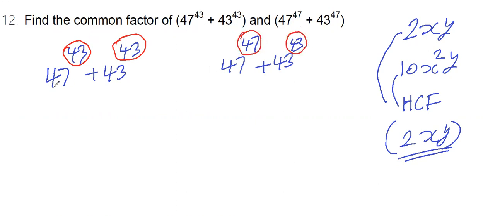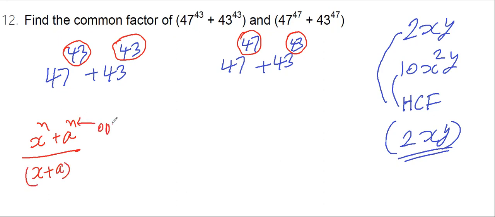But these numbers are, say, x to the power of n plus a to the power of n. Whenever such numbers are there, this is divisible by x plus a when n is an odd number, right?